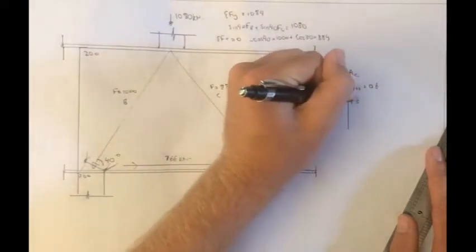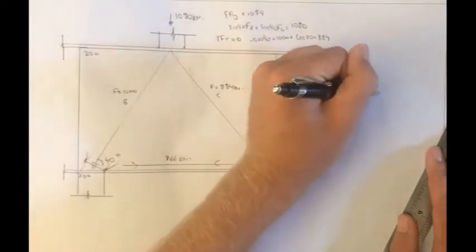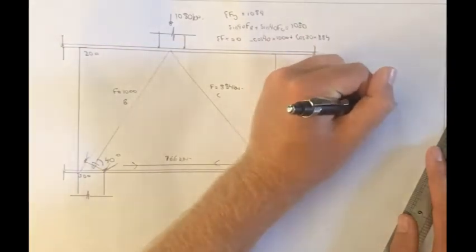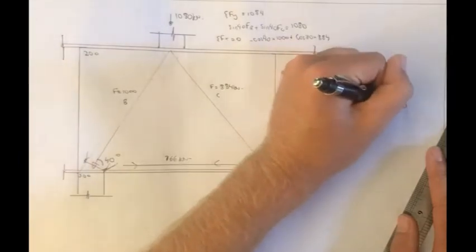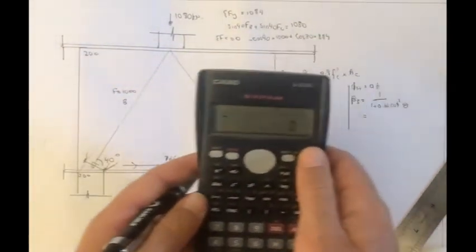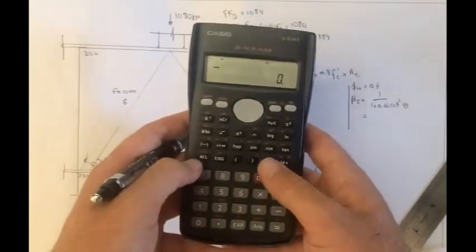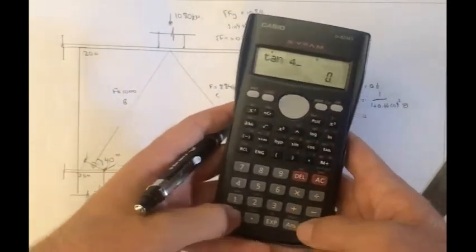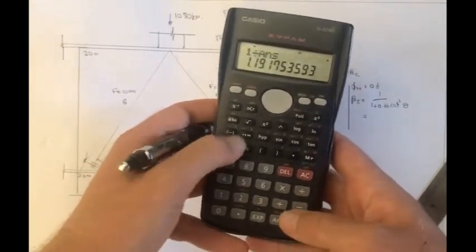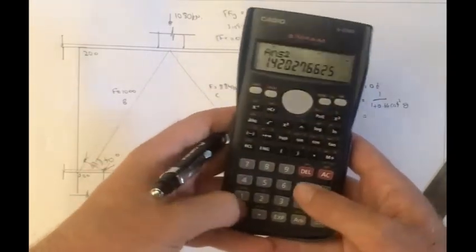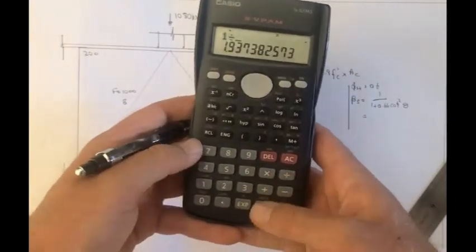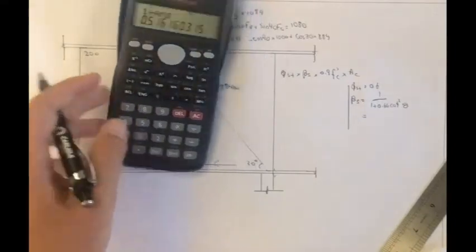Beta S equals 1 on 1 plus 0.66 cot squared theta, theta being 40 degrees here. So tan 40, 1 divided by answer to make it cot, squared, times 0.66 plus 1, and 1 divided by answer. So 0.52.